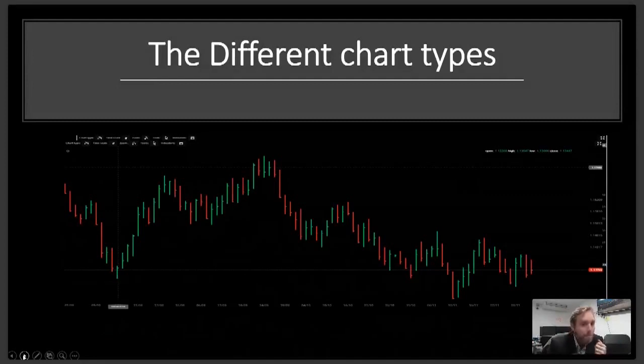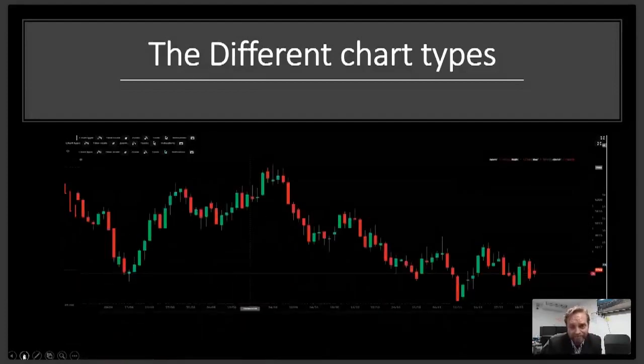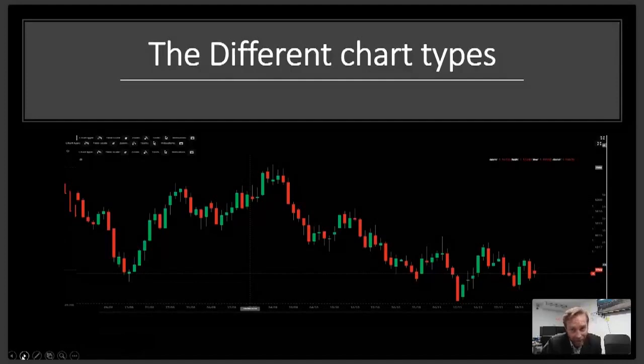But the favored choice, certainly when it comes to currencies or forex traders, is the candlestick chart. The reason the candlestick chart tends to be the chart of choice is that it can give you an awful lot more information than either the bar, the area, the line, or the dot.